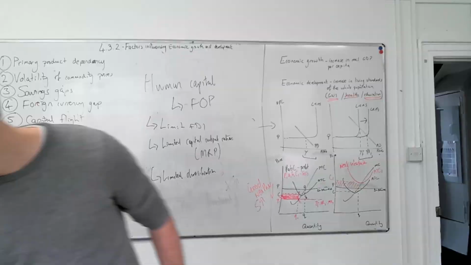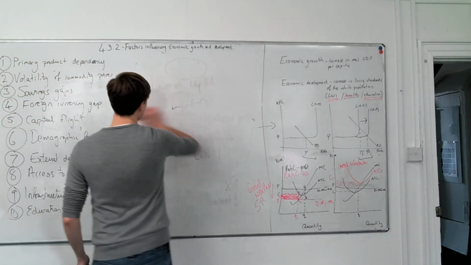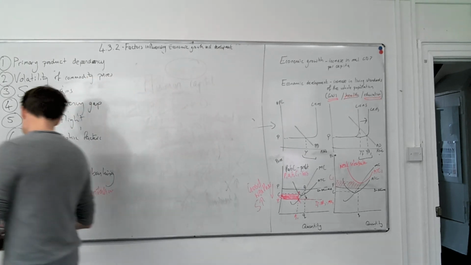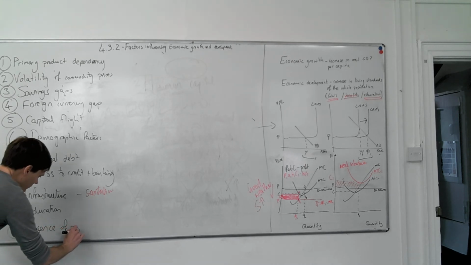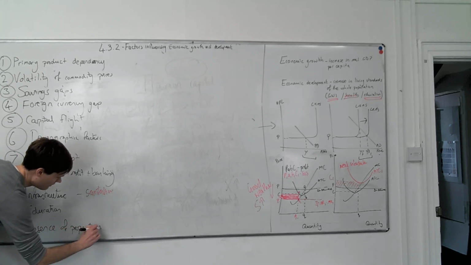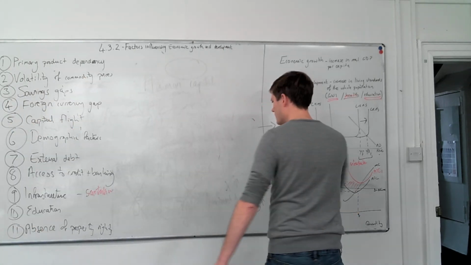Okay, finally, absence of property rights. It's less likely you'll see this. You might have seen it possibly in externalities in micro.